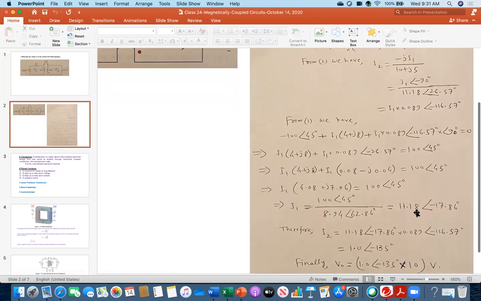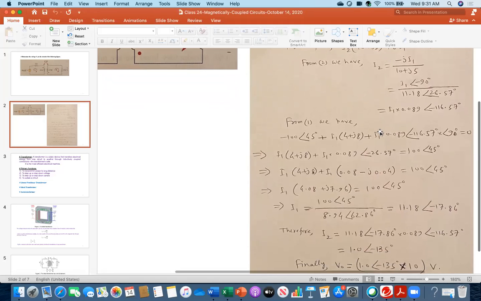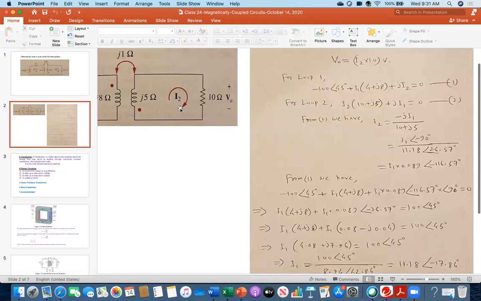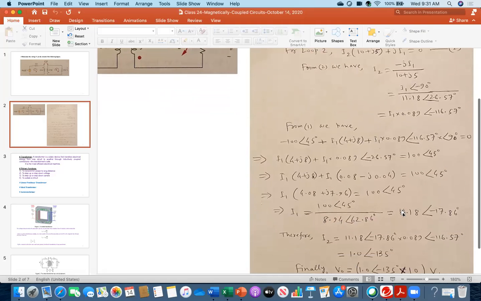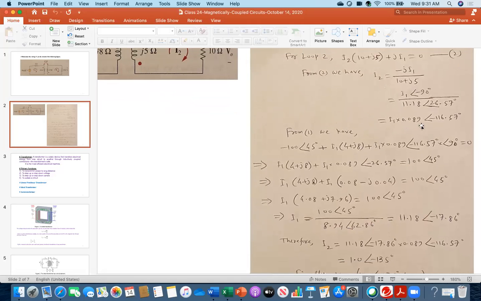But once I got I1, I have to get I2, because I have to determine the voltage V0, which is related to I2, not I1. So even though my calculation first gave me I1, I substituted the I1 value again in that equation, multiplied by this number.